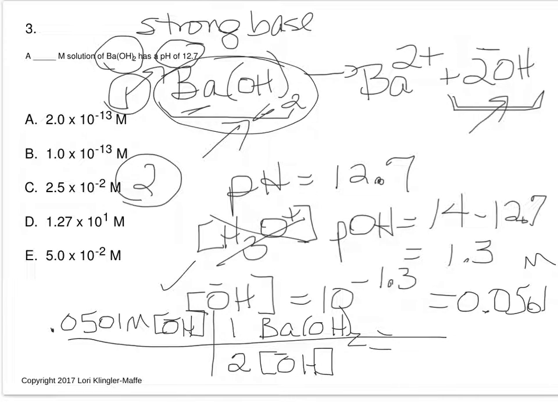And that means I have to divide the 0.0501 by 2, and then I get 0.025 molar as the concentration of barium hydroxide. And so that is C.